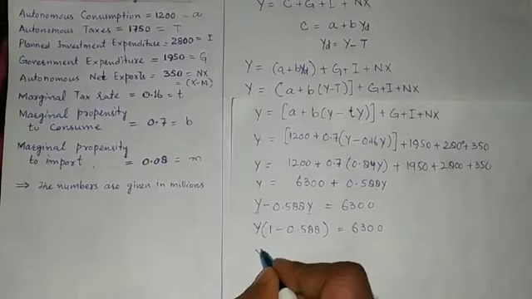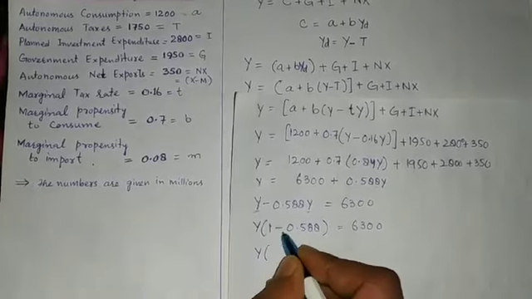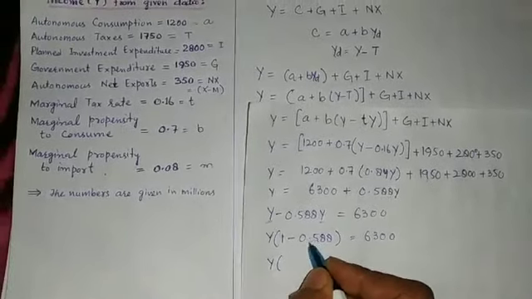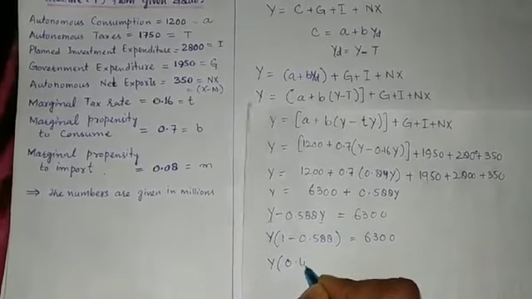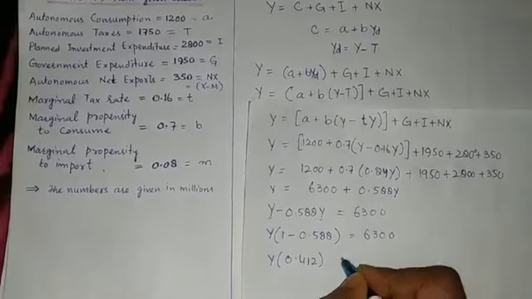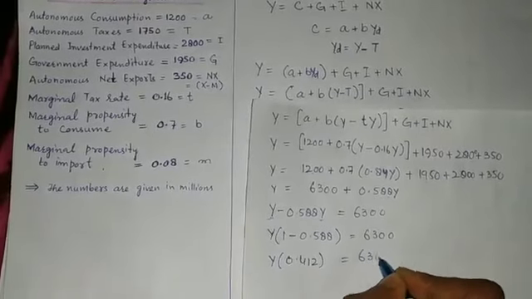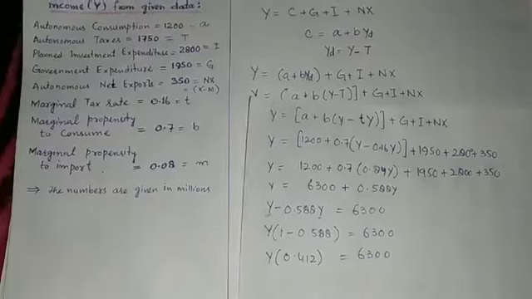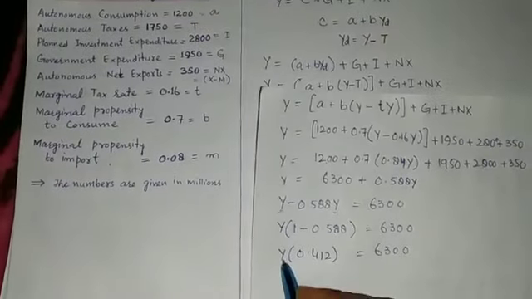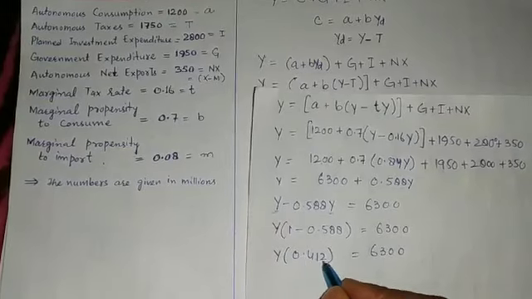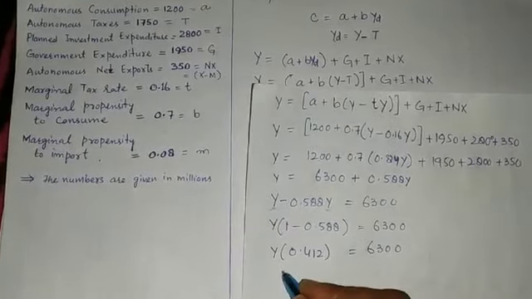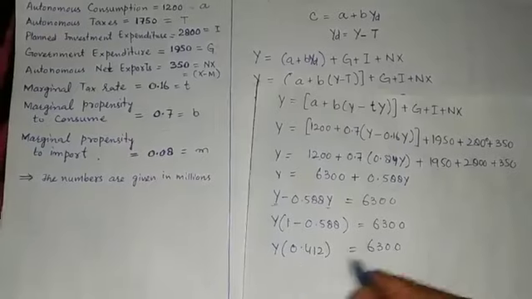Now 1 minus 0.588 will be equal to 0.412, so 0.412Y equals 6300. Now to calculate the value of Y, we will transpose 0.412 to this side, so it gets divided into this number.